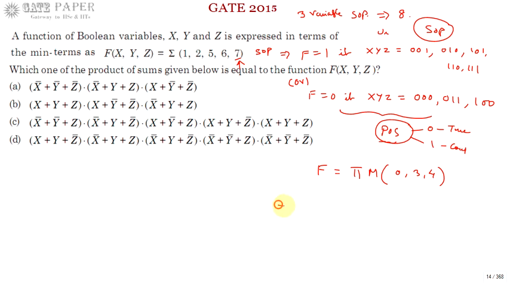So you can write this as 0, 0, 0 means x plus y plus z, multiplying with 0, 1, 1, that is x plus y bar plus z bar, into x bar plus y plus z. So the right answer for this question is B: x plus y plus z into x plus y bar plus z bar into x bar plus y plus z.